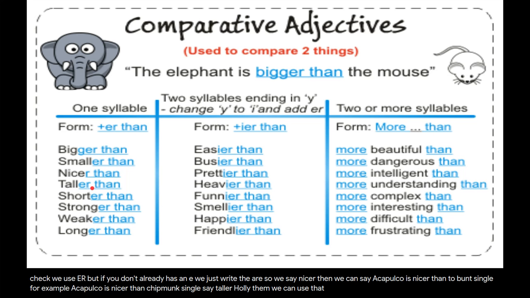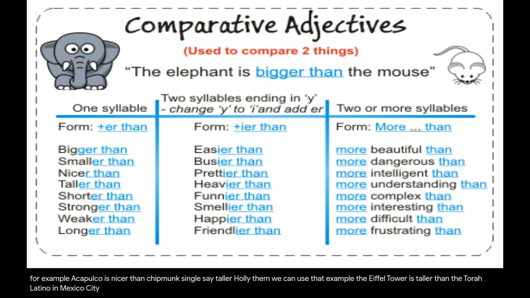We can use an example. The Eiffel Tower is taller than the Torre Latino in Mexico City. Shorter, shorter than. Okay, let's say the Nile River is shorter than the Amazonian River or the Amazonas, right?